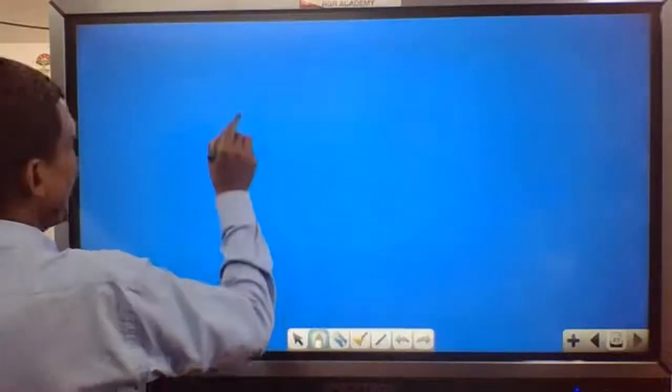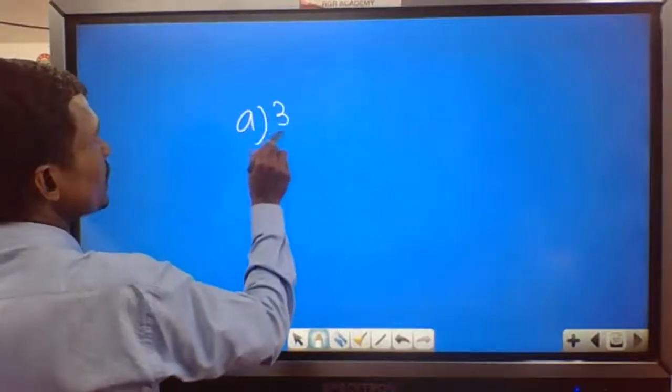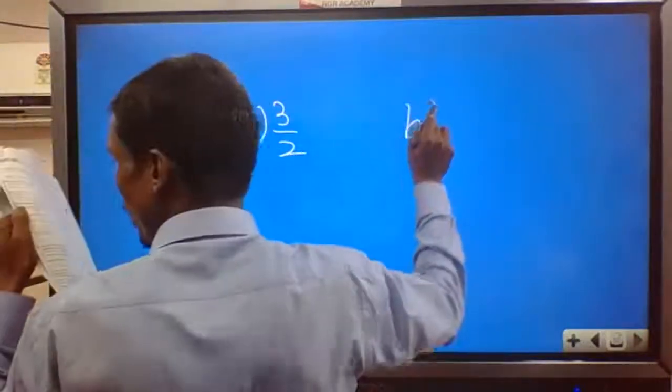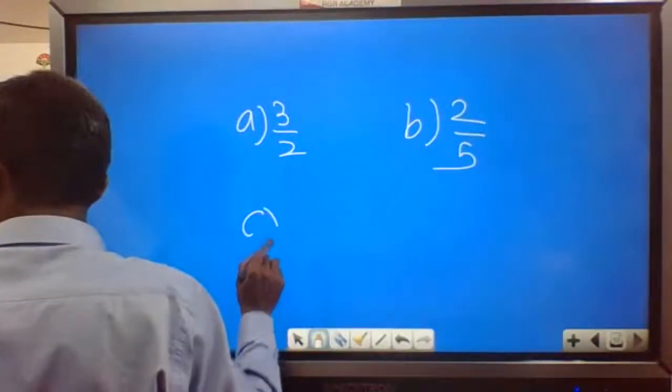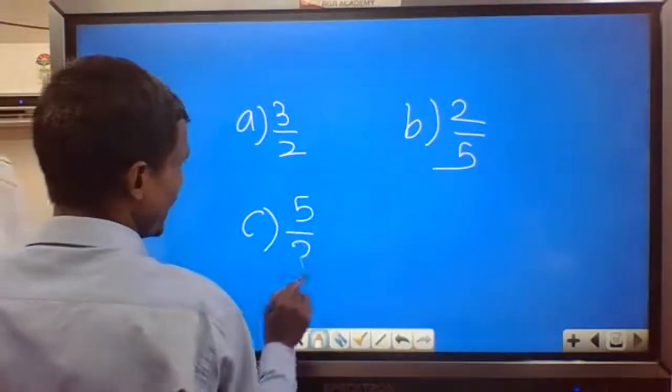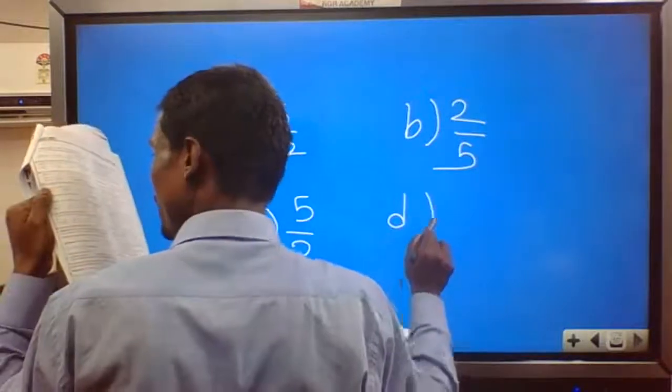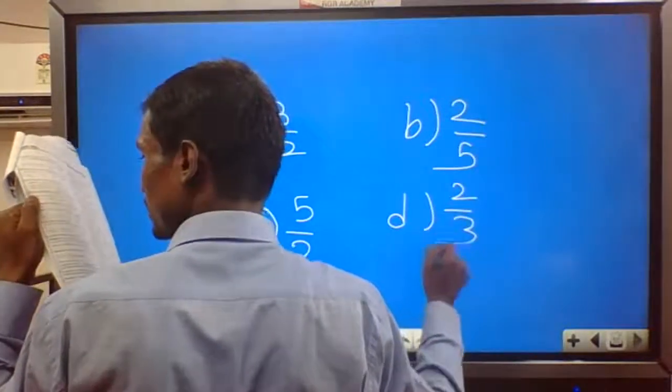Here option A is 3 by 2, option B is 2 divided by 5, option C is 5 divided by 3, and option D is 2 divided by 3.